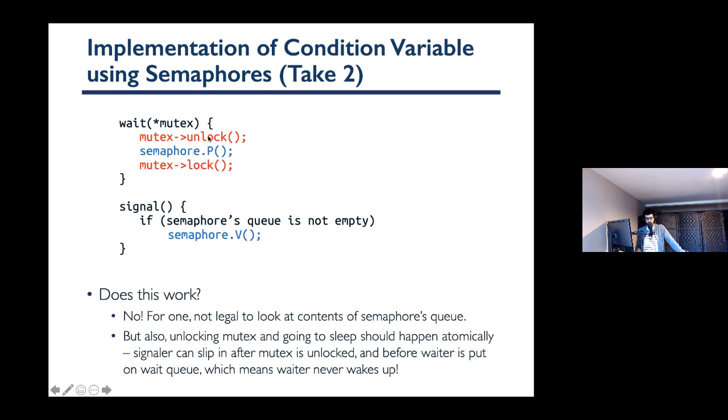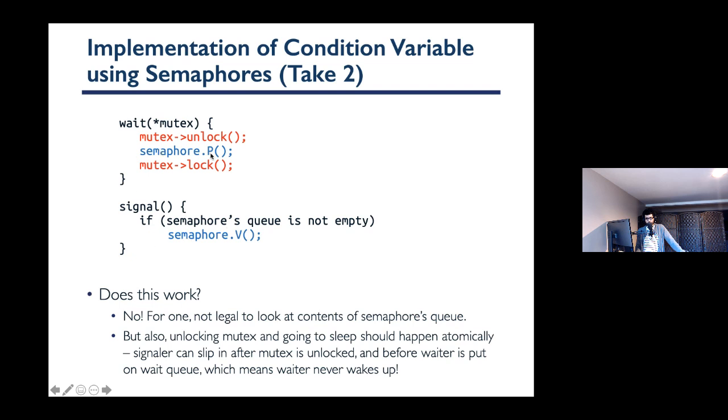Assuming that we can, there's a problem here. By unlocking this mutex and then calling P, we could be interrupted right after we unlock and before we call P. And then somebody can call signal at that time, and nobody is waiting, so no signal will be sent.